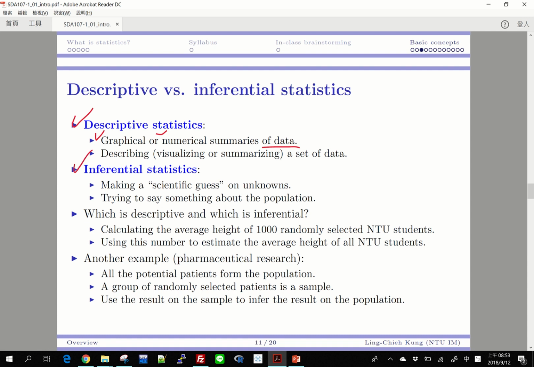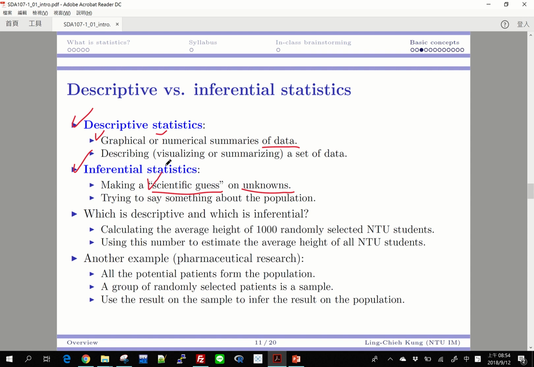In most cases, we care more about inferential statistics because that's really the process for us to make some kind of guess on something that we don't know. Or technically, we try to say something based on our understanding about the sample to our population. Based on our understanding about the sample, we want to make some guess about our population.